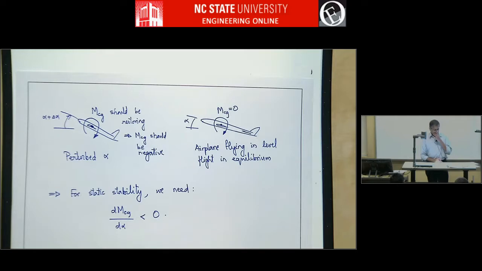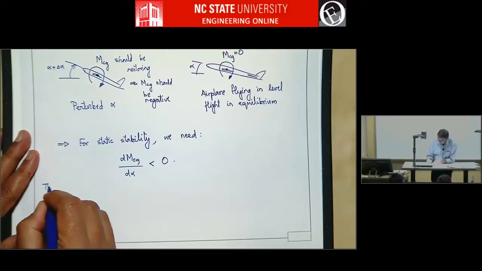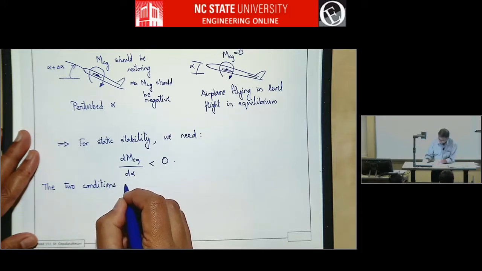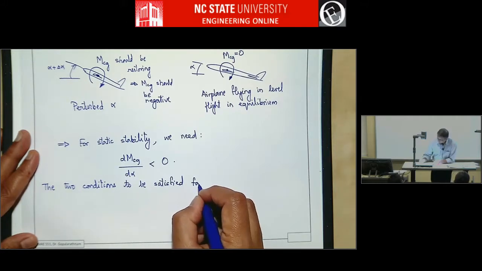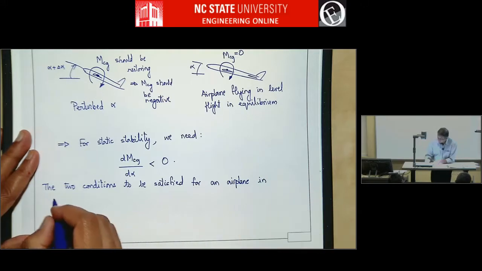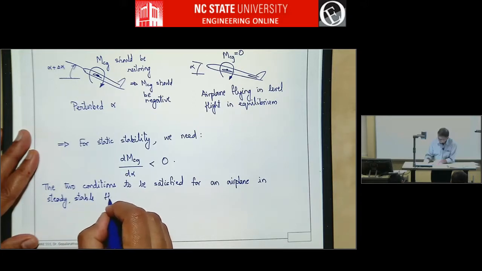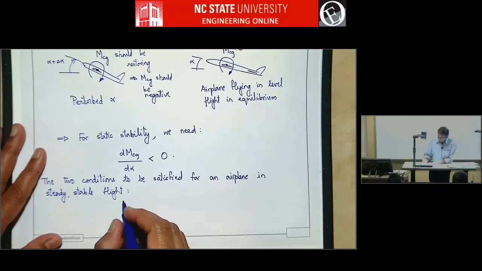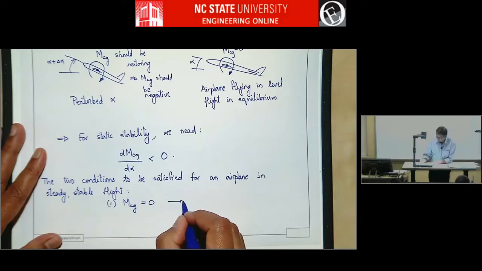So now we can list the two conditions that have to be satisfied. The first is MCG equals 0, and this is for equilibrium.